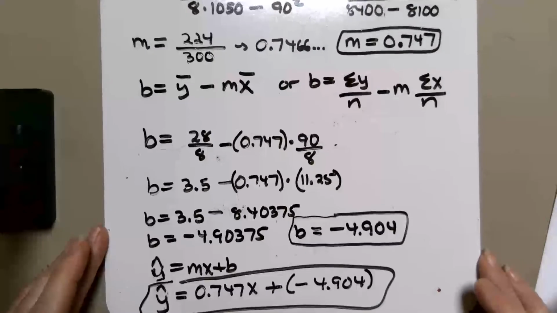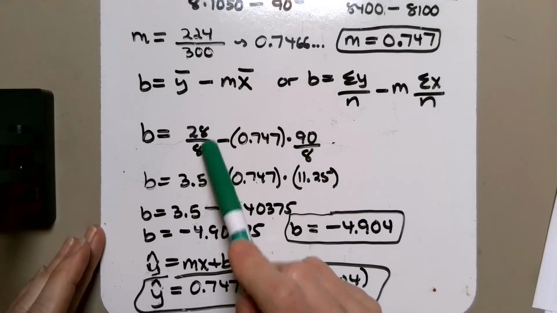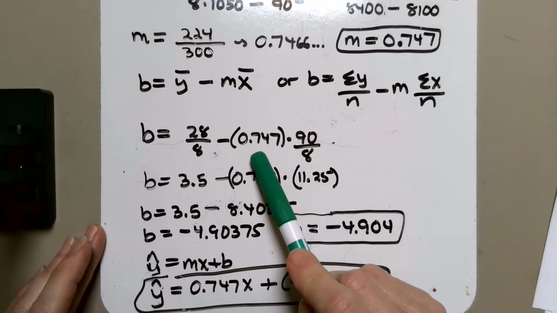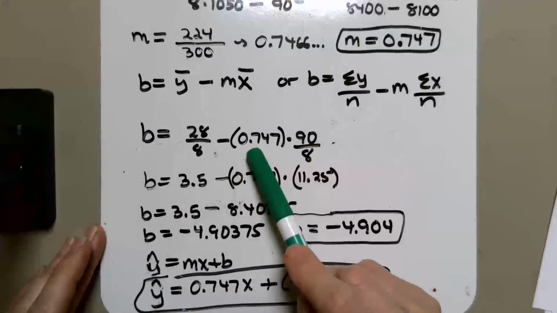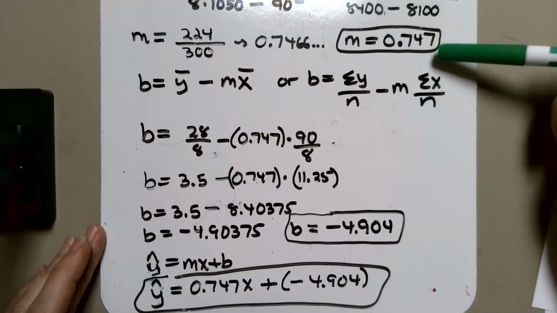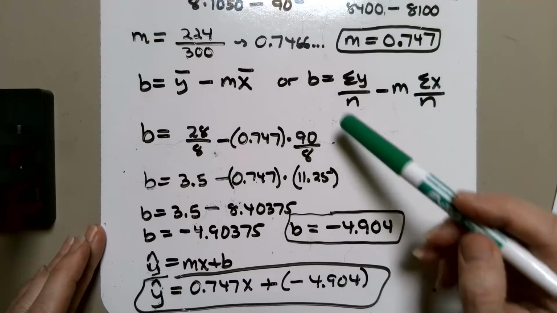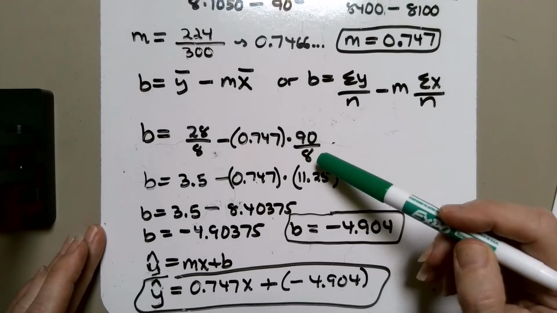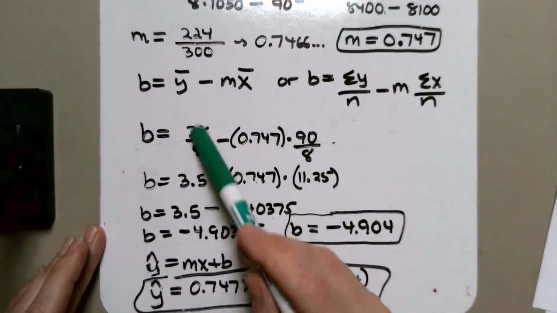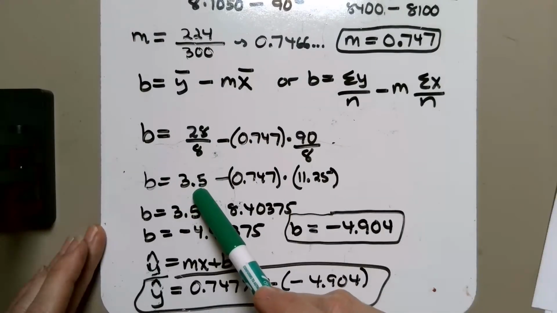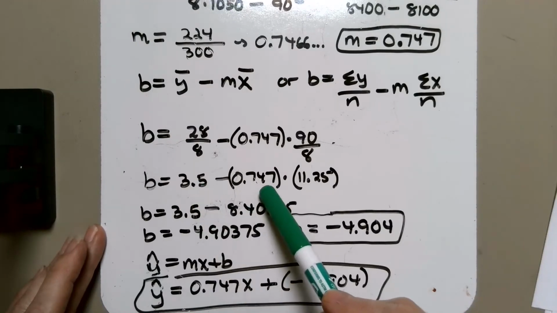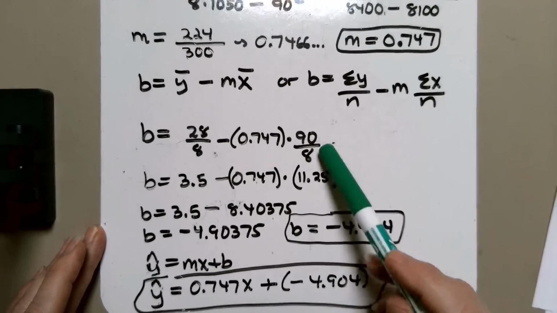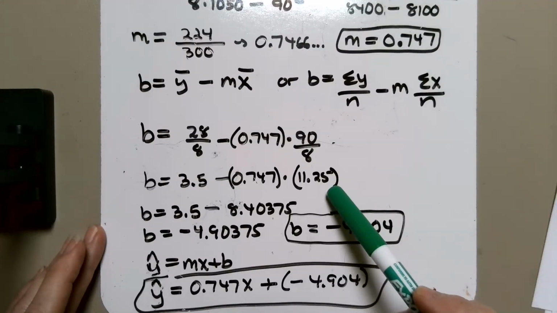So remember, we got the sum of the y column was 28 divided by 8, gives you 3.5. Minus m was 0.747 from above, and we just got that, times the sum of x, which was 90 from our table, divided by n, 8. So doing the divisions, 28 divided by 8 is 3.5, minus m, 0.747, times the mean of x, 90 divided by 8 is 11.25.